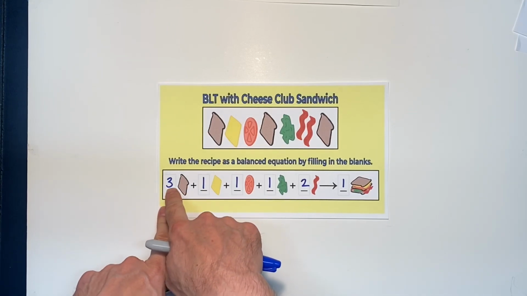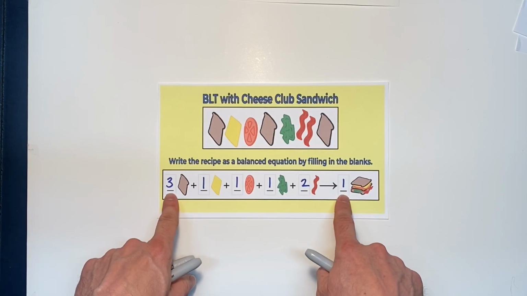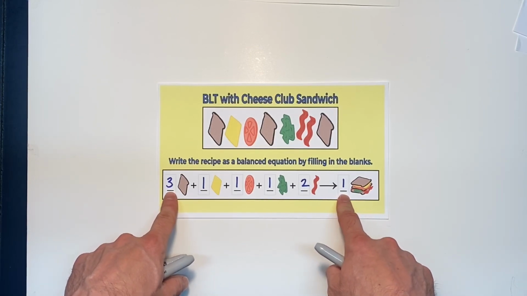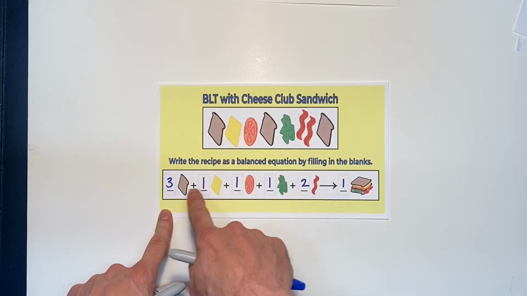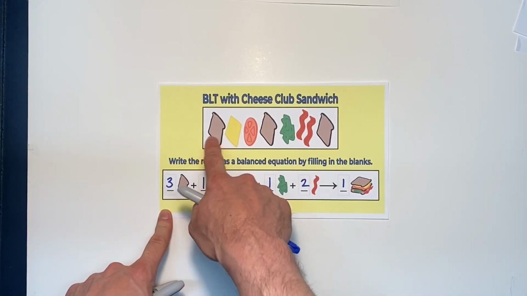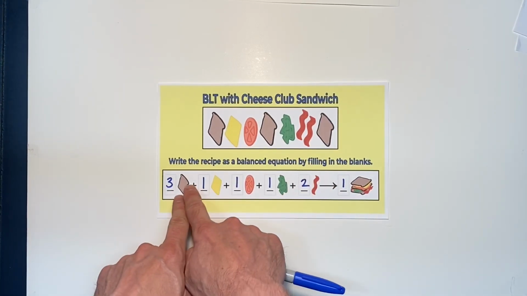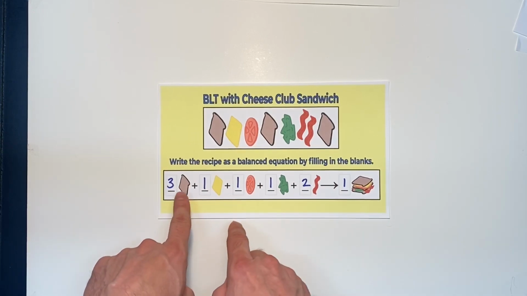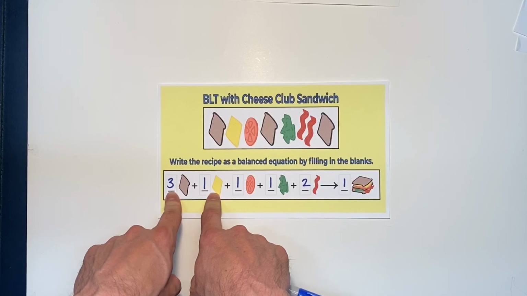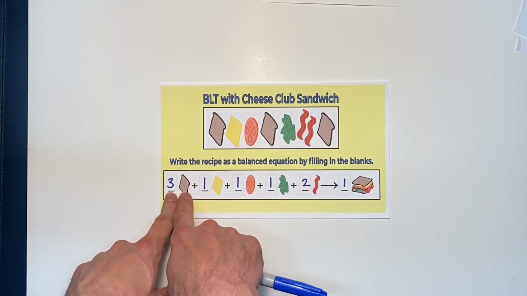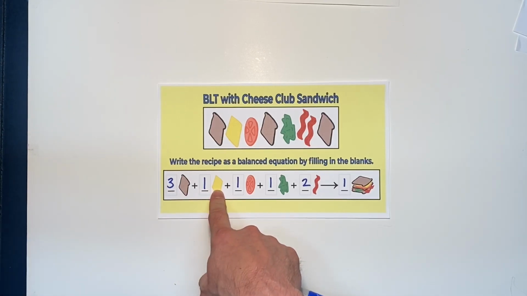Now these big numbers we wrote, these coefficients, in chemistry in a balanced equation, they represent the number of moles of the given chemical. In this example, they equal just how many pieces make up the sandwich. And last week when you compared two of the ingredients, for example, 3 slices of bread to 1 slice of cheese, that's an example of a mole-to-mole ratio. 3 moles of bread is equal to 1 mole of cheese.